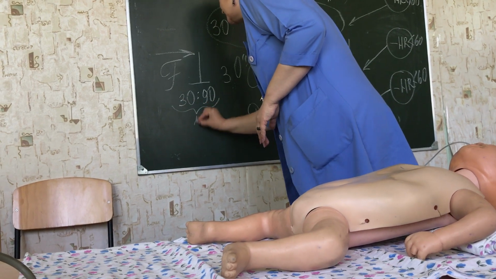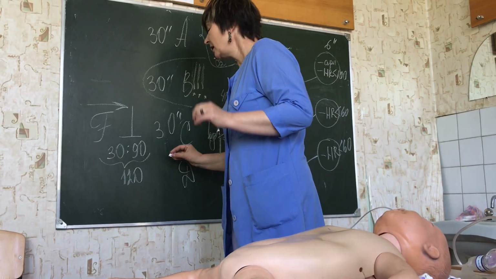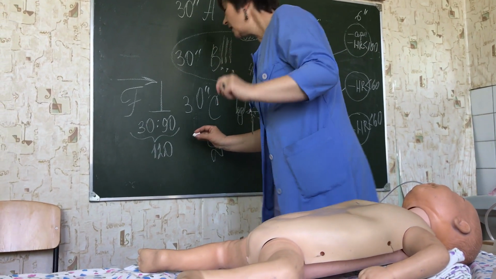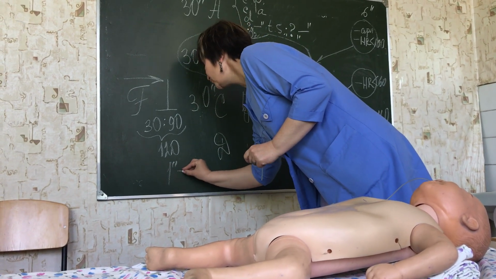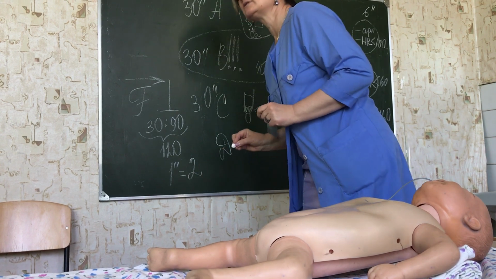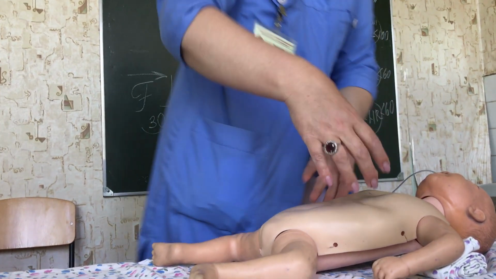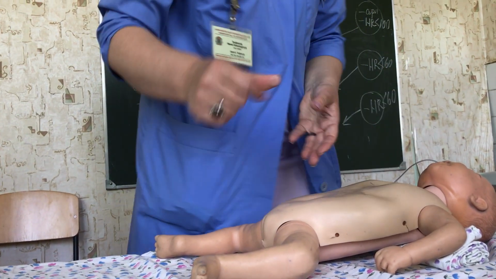Together, 120 manipulations in 1 minute. In each second you do 2 actions. Understand? We work very quickly. And 1 and 2 and 3 and press.